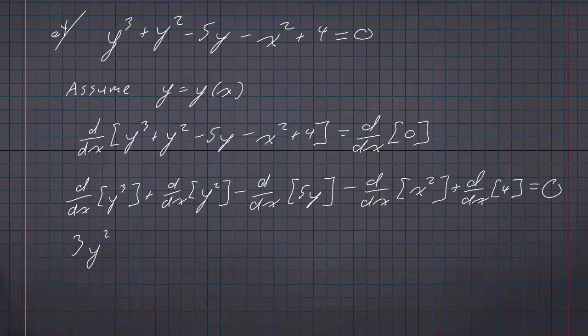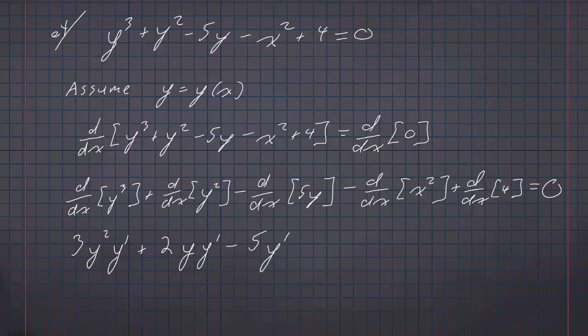And then the derivative of y is y prime. Likewise, the derivative of something squared is 2 times that thing. And then using the chain rule, we multiply by the derivative of y, which is still y prime. The derivative of y is y prime.